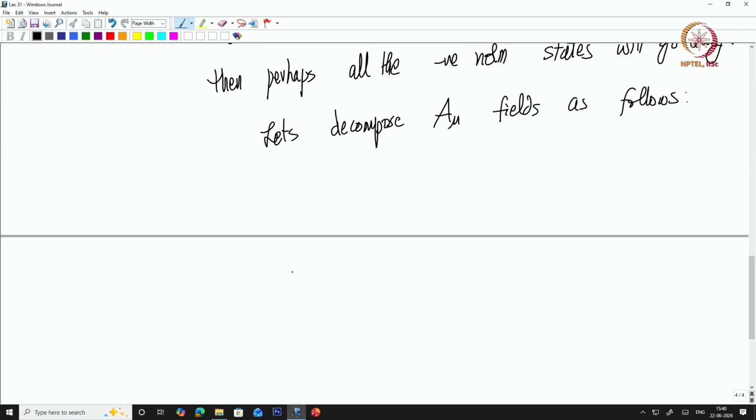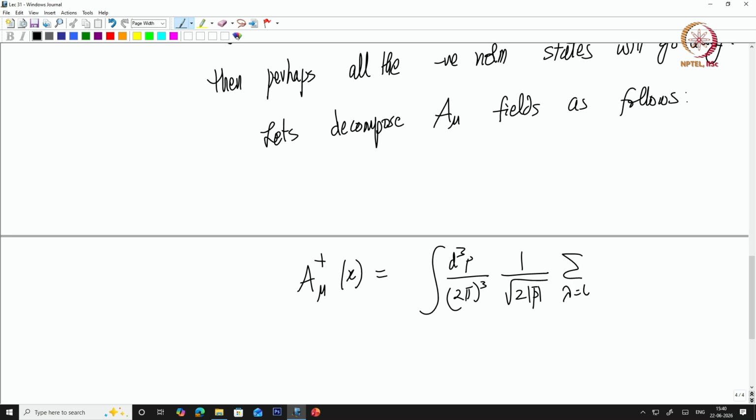So, the A mu plus field would be A mu plus of x is equal to integral d cube p over 2 pi cube, 1 by root 2 p, sum over lambda is equal to 0 to 3 epsilon mu lambda a p lambda e power minus i p x.